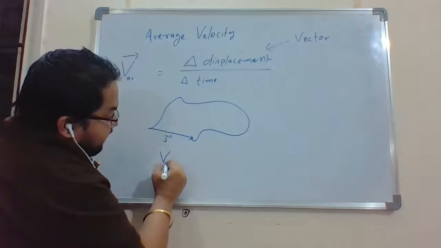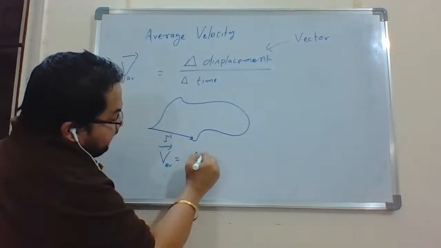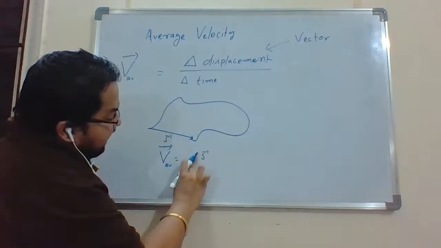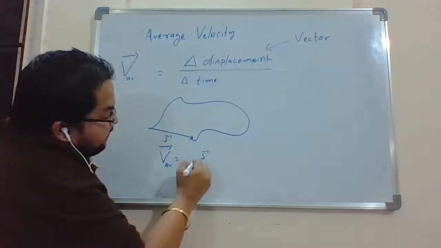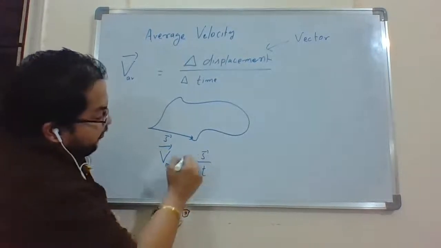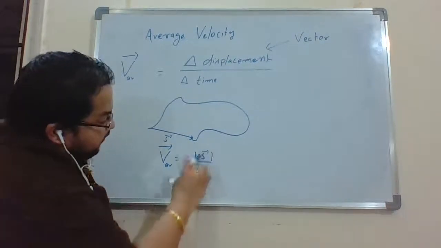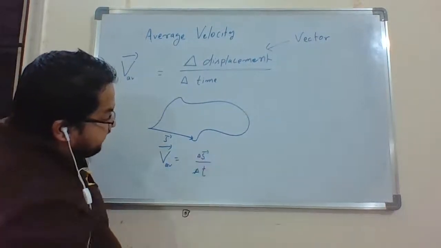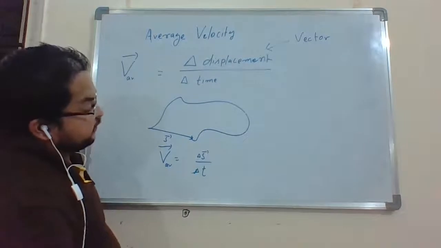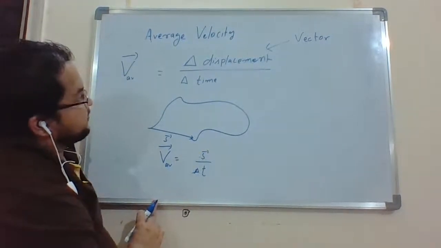So average velocity is nothing but the displacement vector divided by your change in time. I put a vector sign here, so I can continue the vector sign. It's nothing but the displacement by the time elapsed.